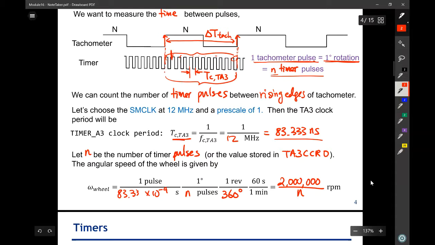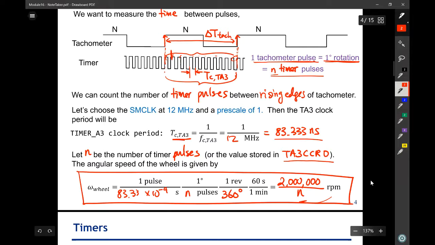Okay, so this is the wheel speed. So again, the value of this n, you can get it from TA3CCR0, right? And then you can just simply plug this value into this equation. Then you can find the wheel velocity.